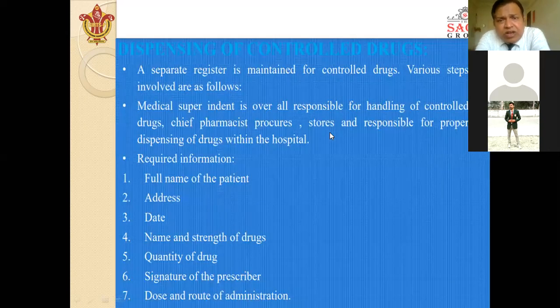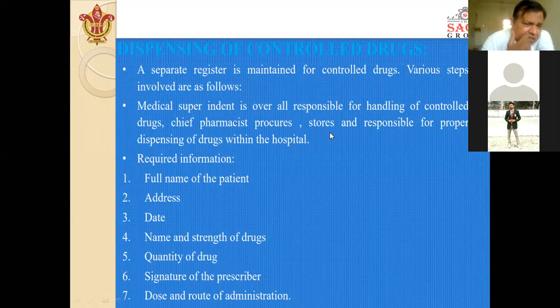Now, dispensing of controlled drugs. Controlled drugs are restricted drugs, and they are given only on a prescription basis, and the prescription must be written by a registered medical practitioner or physician.